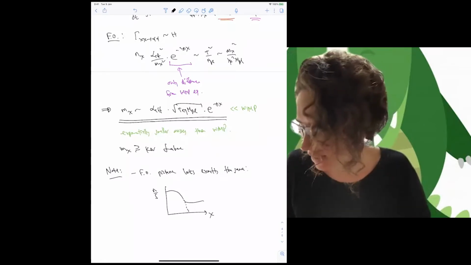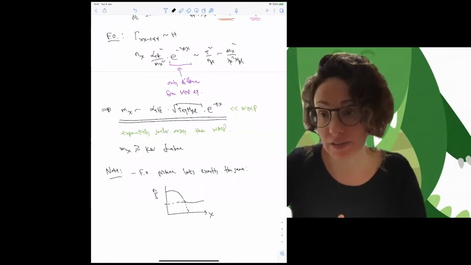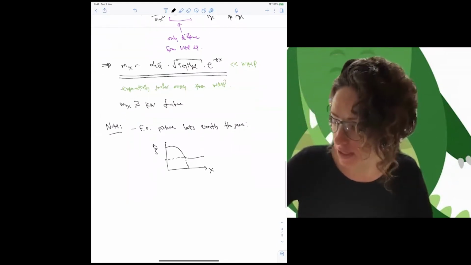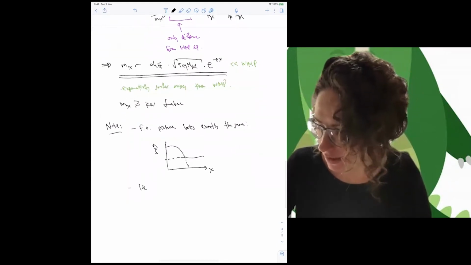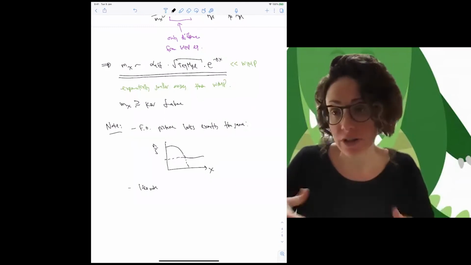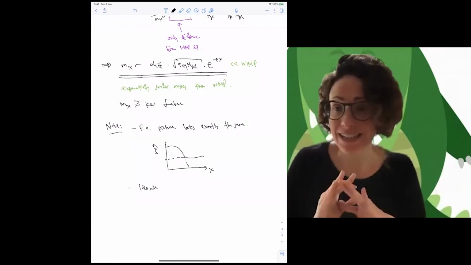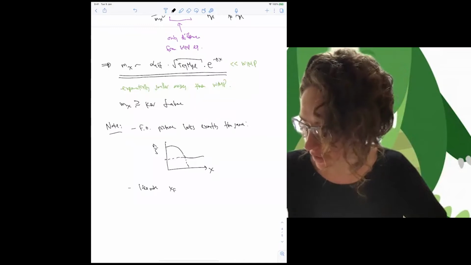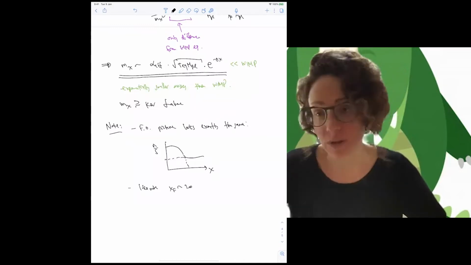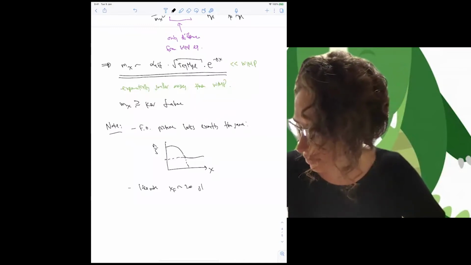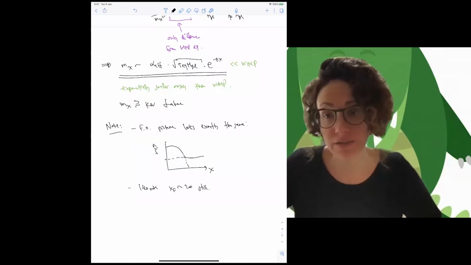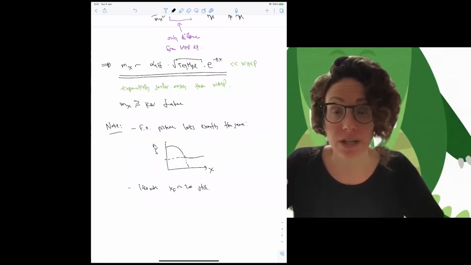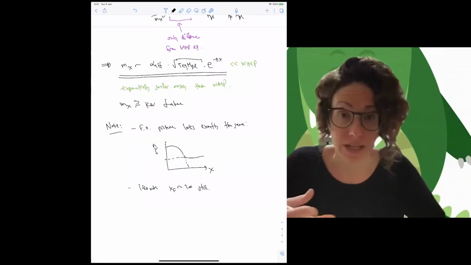And similarly, you can work this out, if we ask at what temperature freeze-out is happening, it really just reproduces everything we did for the WIMP. Likewise, we still get freeze-out temperatures with x_F of order 20. In other words, dark matter is still freezing out non-relativistically at temperatures roughly a factor of 20 beneath its mass.